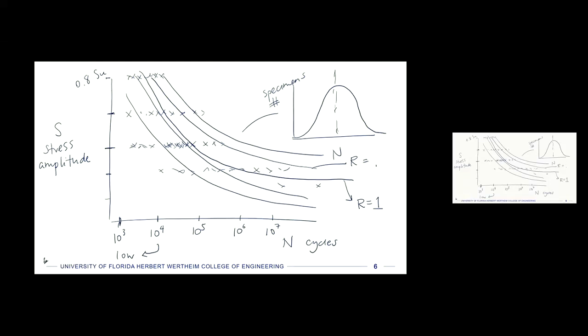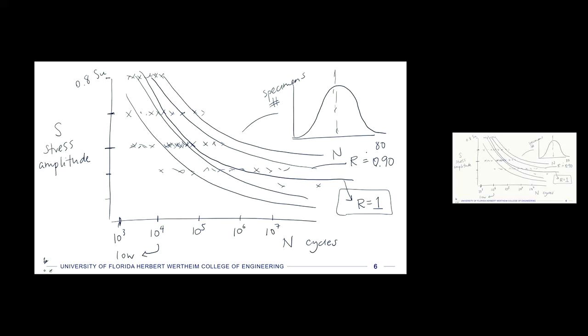So then we would have like 90% reliability, and then 80%, and it would move out like that. And so what we want in a design situation is to start with the highest reliability curve, and then we will apply a factor to say how reliable we want our design result to be.